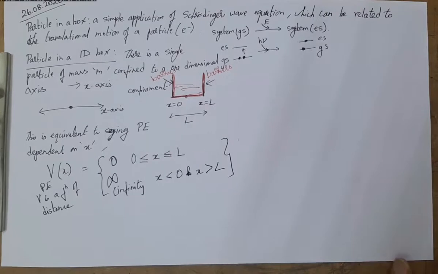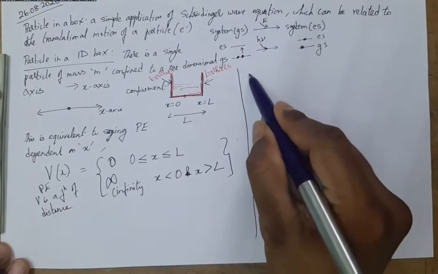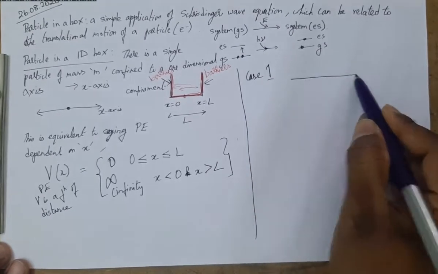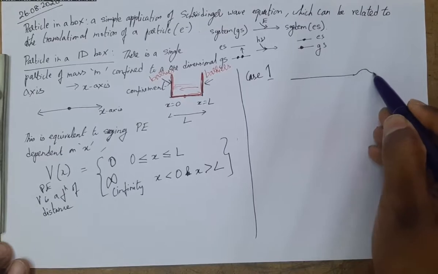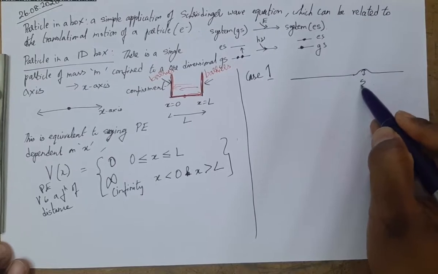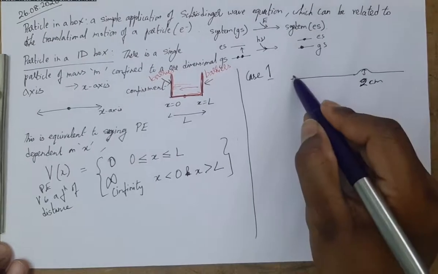So how do you link this? Let's take case 1. Let's say that this is some hump of, say, maybe 2 centimeters, and you roll a marble here.